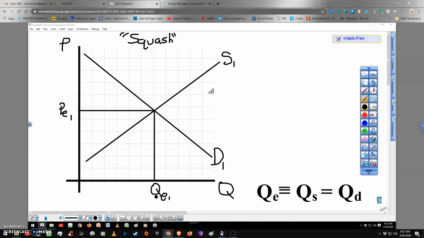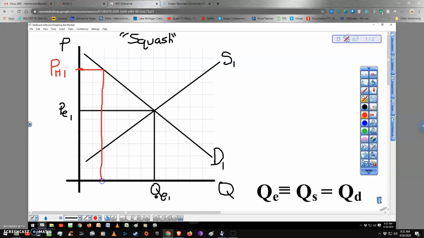So what if the price of squash was up here? Let's change the color. Let's go price high. I'm calling it P high. If the price is high, I take this price, which is up in this location, and I shoot over to find QD and QS. It's a price-directed system. So I take my price, and I shoot over, and I hit a line. Now that's the demand curve, so I hit the demand curve and I drop down.